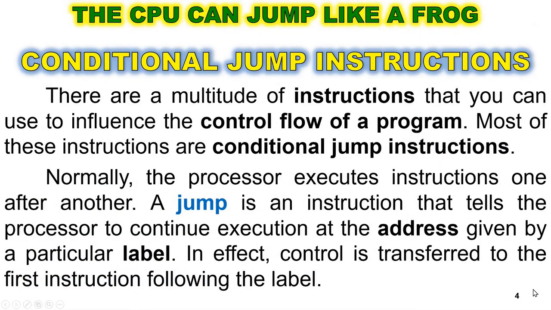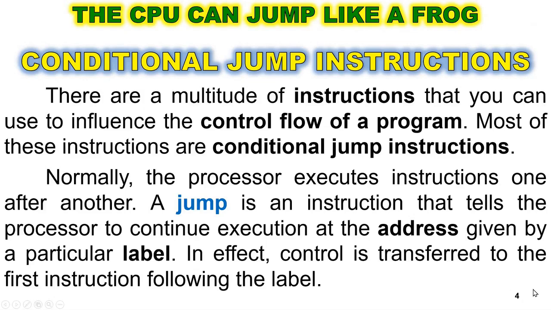In order to learn the equivalent loop statements in assembly language, let us first learn the two types of jump machine instructions, such as the conditional jump instructions and the unconditional jump instruction. There are a multitude of instructions that you can use to influence the control flow of a program. Most of these instructions are conditional jump instructions.